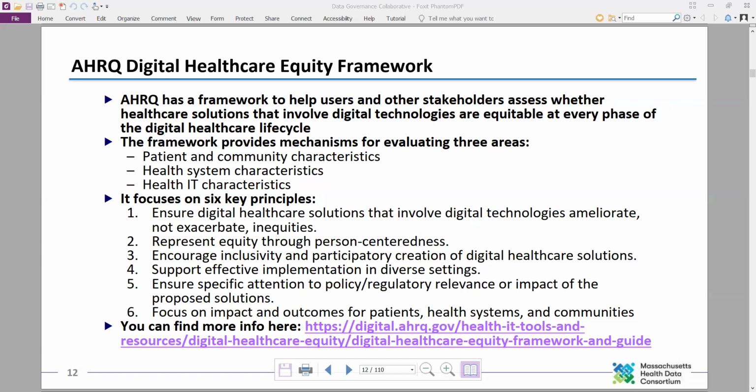You can find more information about the framework at the link below. Any questions, comments, or thoughts there?